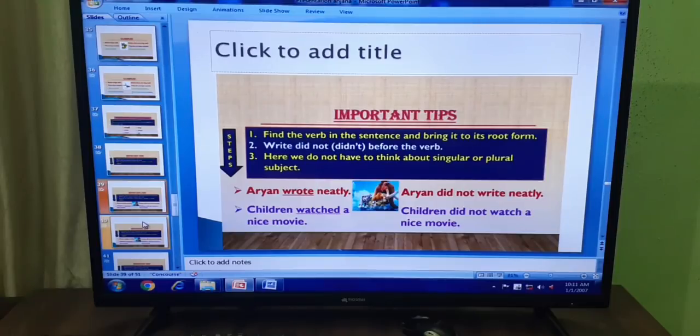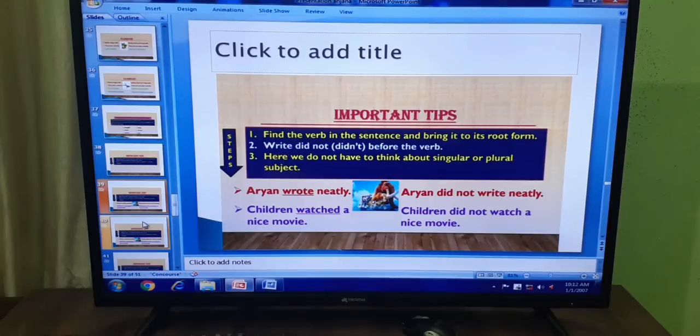So wrote will now become write, and add did not just before write. And the rest of the sentence remains the same. So your answer is Aryan did not write neatly.